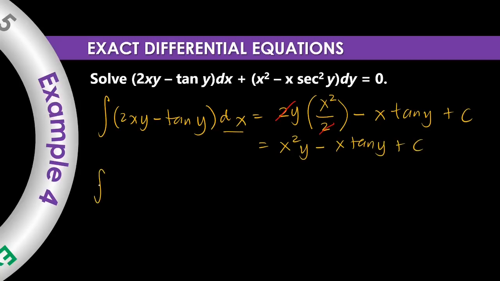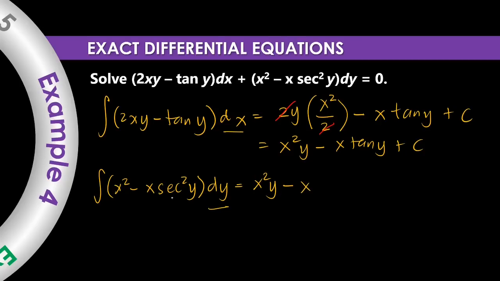Let's now integrate this term, x squared minus x secant squared y dy. Take note, our variable is y, so we will treat x as a constant. So this x squared will just have a multiplier of y pag in-integrate mo, and then minus, again here, x is a constant.